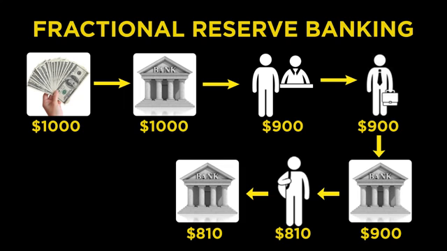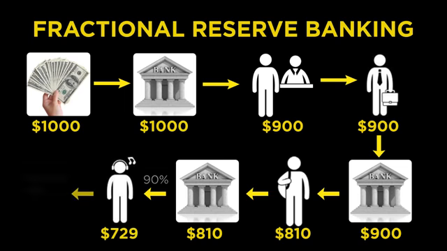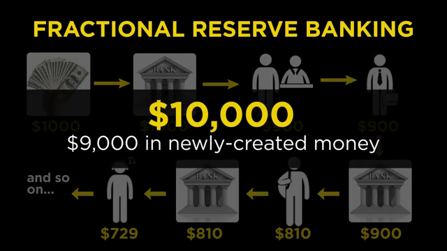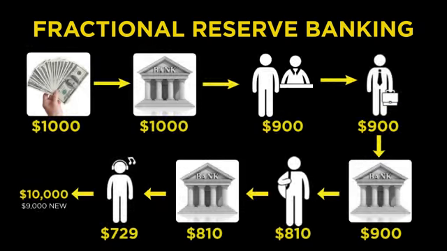So the bank loans out 90% of $810, or $729, and so it goes until we finally discover that the original $1,000 deposit has mushroomed into a total of $10,000. Did you follow that? We went from a stranger ambling into town with $1,000, but now there's $10,000 floating around town. Is this all real money? You bet it is, especially if it's in your bank account.